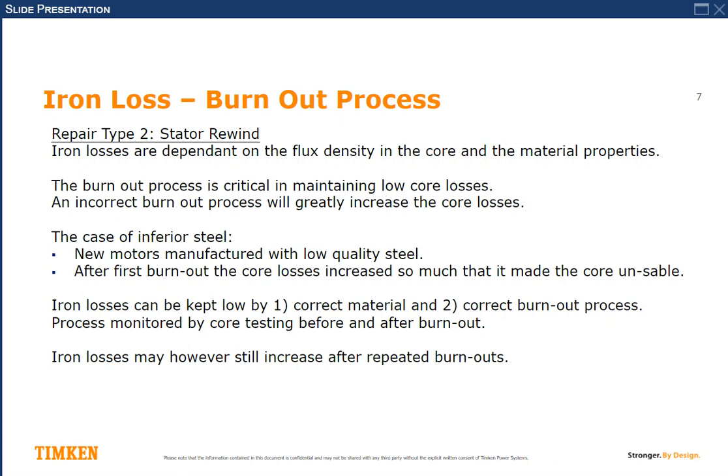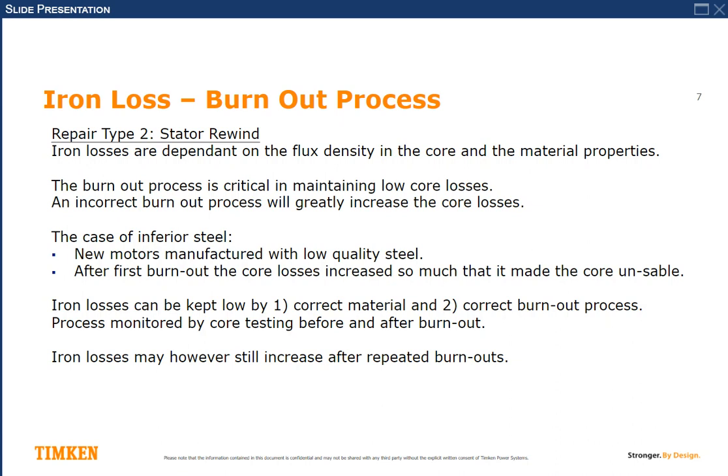Unfortunately, we occasionally see the case of the inferior steel. We just recently had it, surprisingly, on a 3,000 horsepower machine that after the burnout, even though we controlled the temperature, we made sure that there was no thermal runaway of the machine. Afterwards, when we tested the laminations, we found that the lamination core was severely damaged. The core losses increased tremendously.